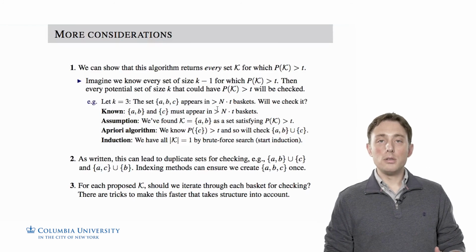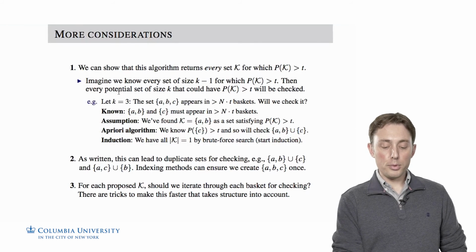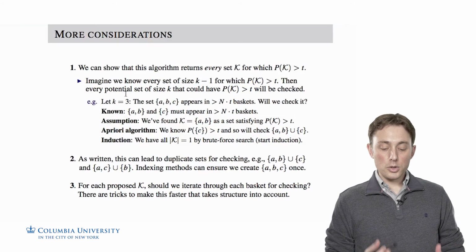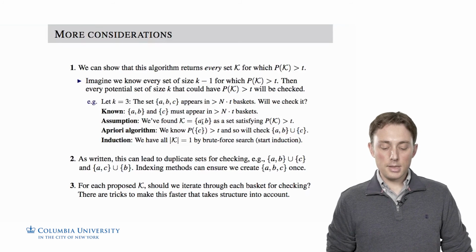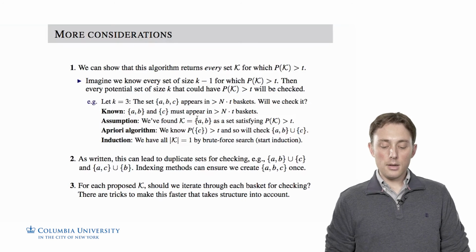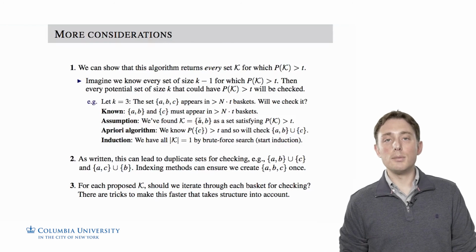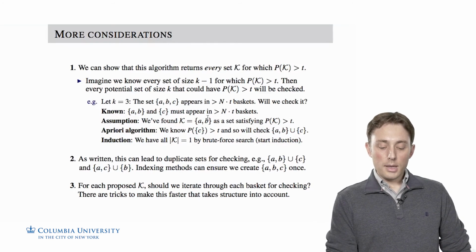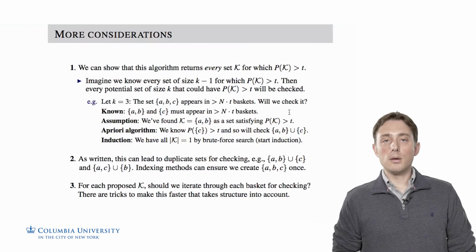So again, we want to prove this for k equals 3. By assumption, we're going to assume that we found the set of size 2, A and B, and we know that this set A and B appears in more than n times t baskets. So we know that this set satisfies the threshold.